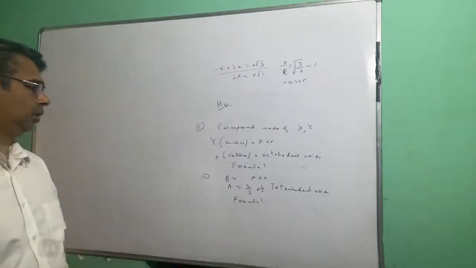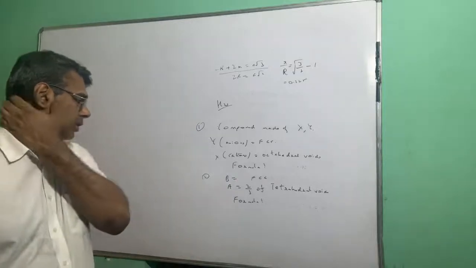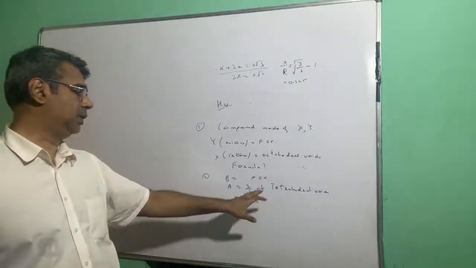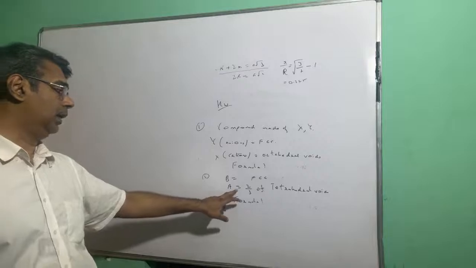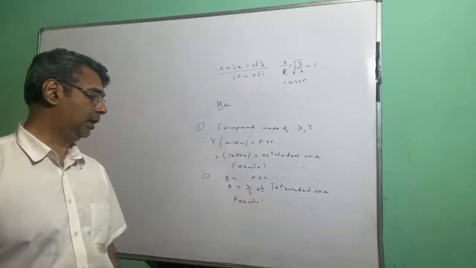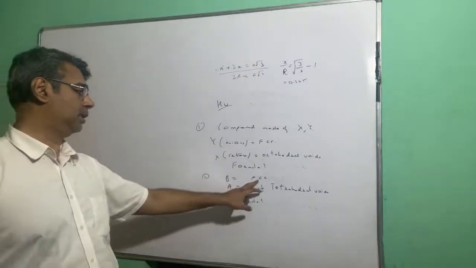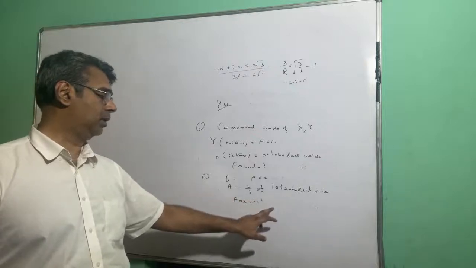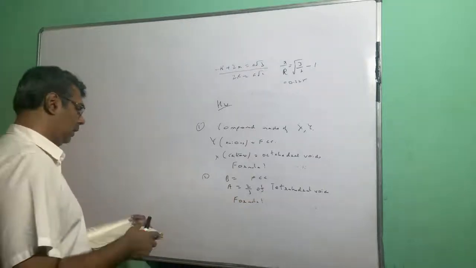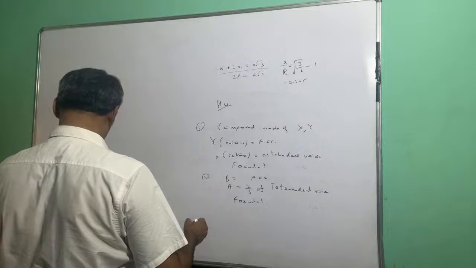Question number 2: there is a compound in which the B elements are in FCC position and A elements occupy 2/3 of tetrahedral voids. So B is FCC and A is in 2/3 of tetrahedral voids. What is the formula of the compound? This is question number 2.